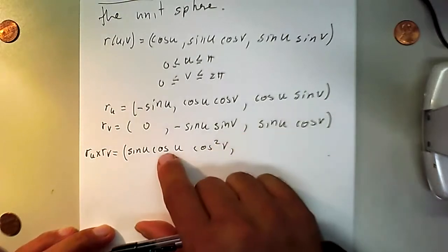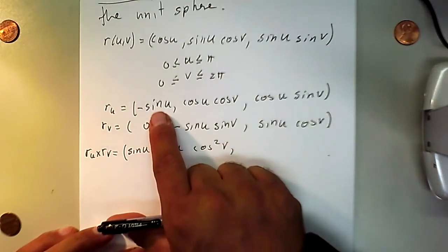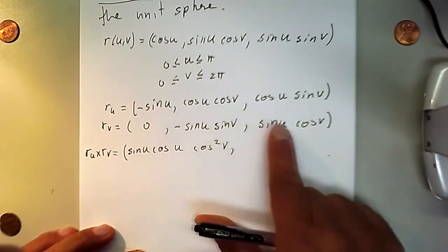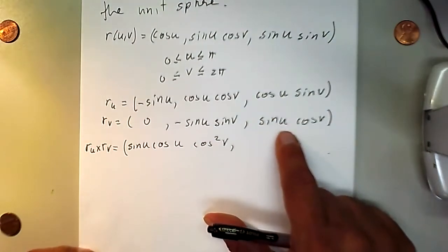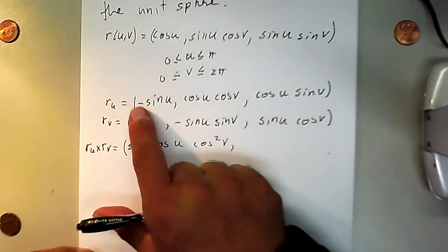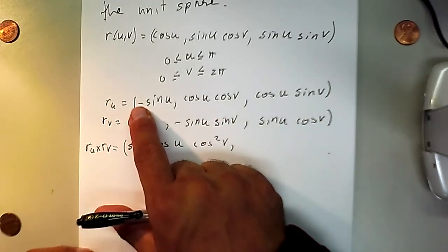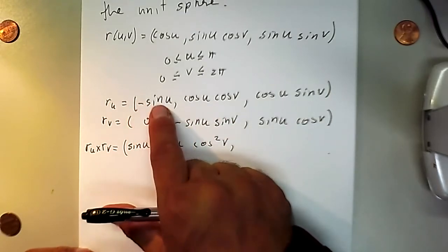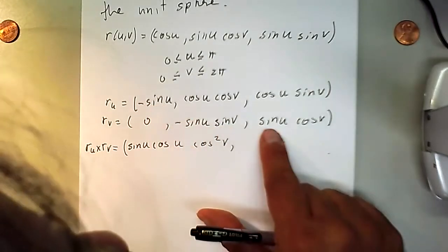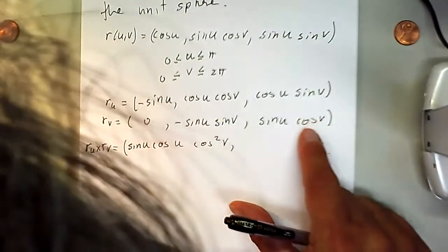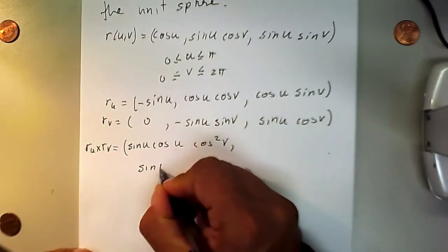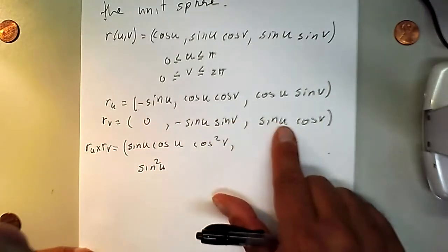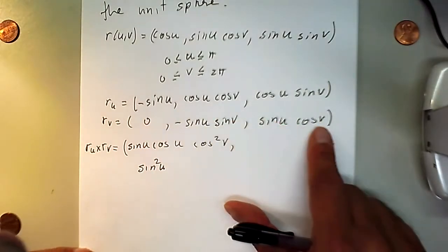I think that will be more reasonable for writing things out. Then we have those two multiplied together as the second component, with an extra negative because of the way we do the cross product, but this one already has a negative on it. So we're going to end up with sine squared of u and a single cosine of v.